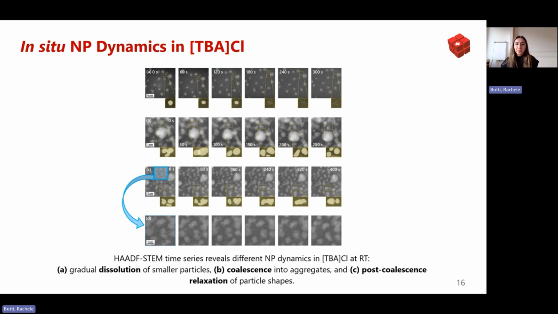But if we consider larger particles, as reflected in line B or C, we see that there is coalescence into bigger aggregates or post-coalescence relaxation of particle shapes, where they assume more spherical shapes or morphologies.